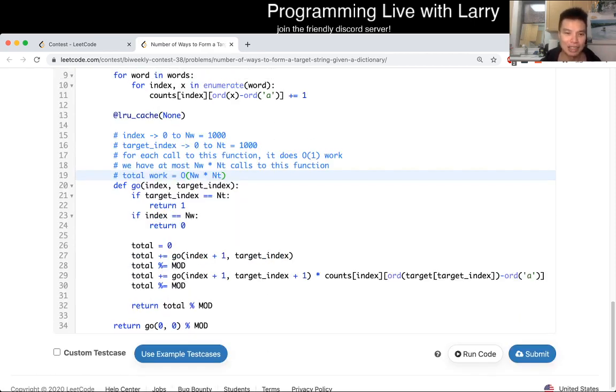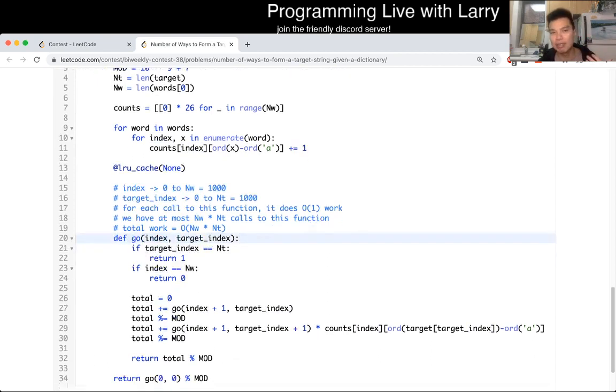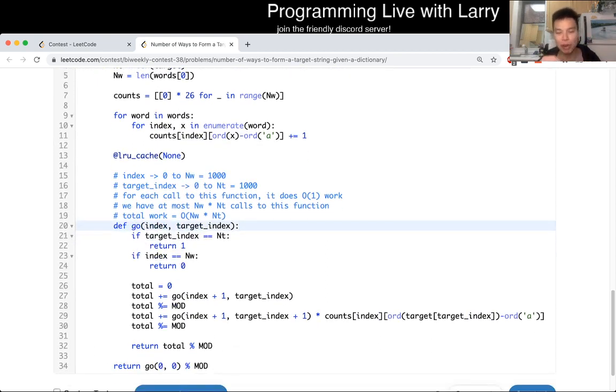And the space complexity is also N sub W times N sub T, which is really hard to say really fast. So yeah, that's all I have for this problem. You can actually upsolve this if you like by rolling this to a bottoms-up dynamic programming. And once you do that, you can actually reduce the space to O of N sub W, or maybe O of N sub T, one of them, by reducing one dimension in the space.